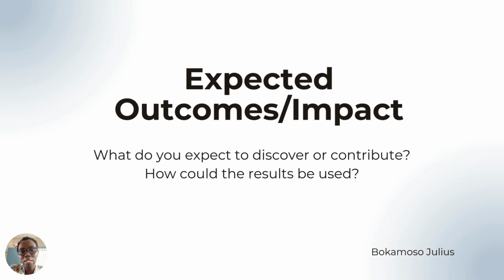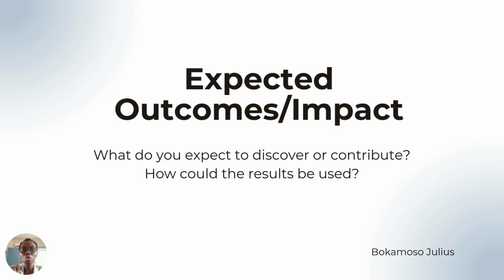And then expected outcome. What do you expect to contribute with your research? What are the expected outcomes? How could the results be used? What do you anticipate your research will bring? And then how can the results be used in your field?